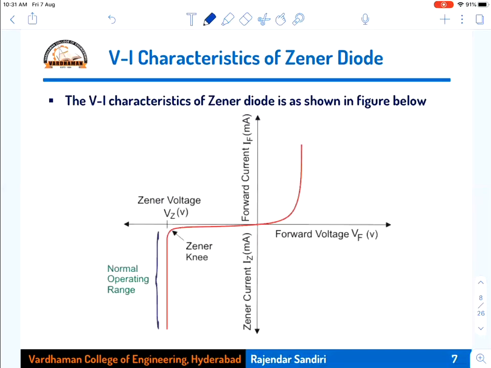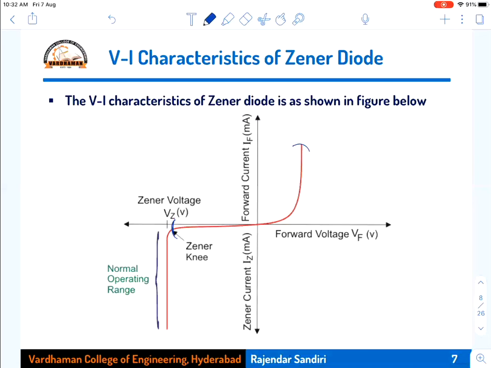Next, the VI characteristics of the GNR diode. Just at the GNR voltage, which is called the breakdown voltage, the current suddenly increases. This itself is the difference. The other portion of the graph, from here to here, is just a normal PN junction diode. In forward bias, the GNR diode and the PN junction diode operate the same, and even up to the GNR voltage both operate the same. At the GNR voltage the breakdown occurs, and this occurs only for the GNR diode.